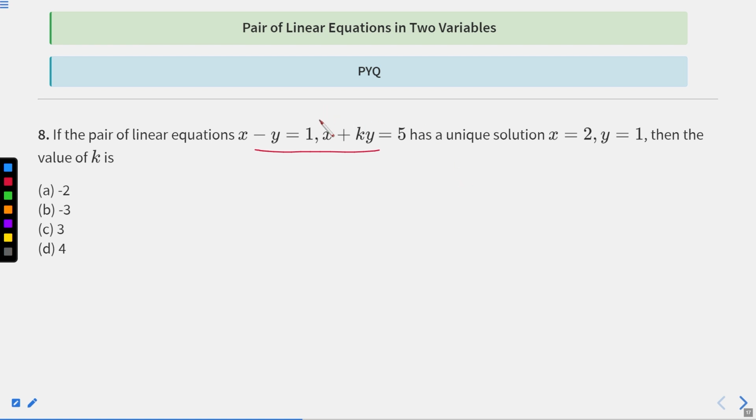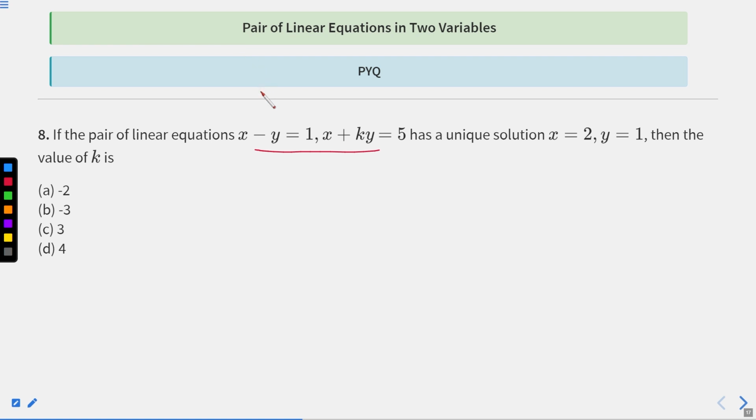So what is the definition of a solution of a pair of linear equations? We know that if the solution x = a and y = b satisfies both of the given equations, then those values are called the solution of that pair of linear equations.